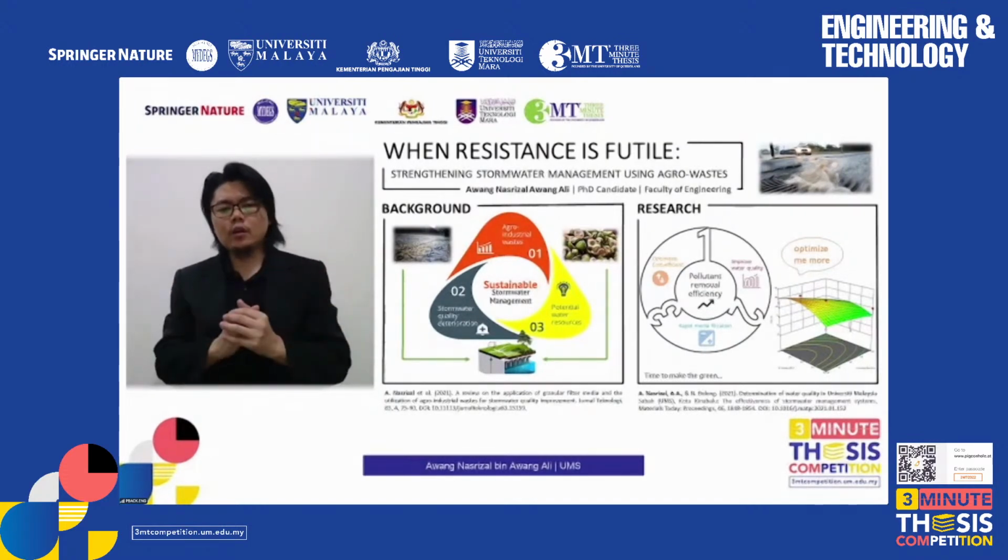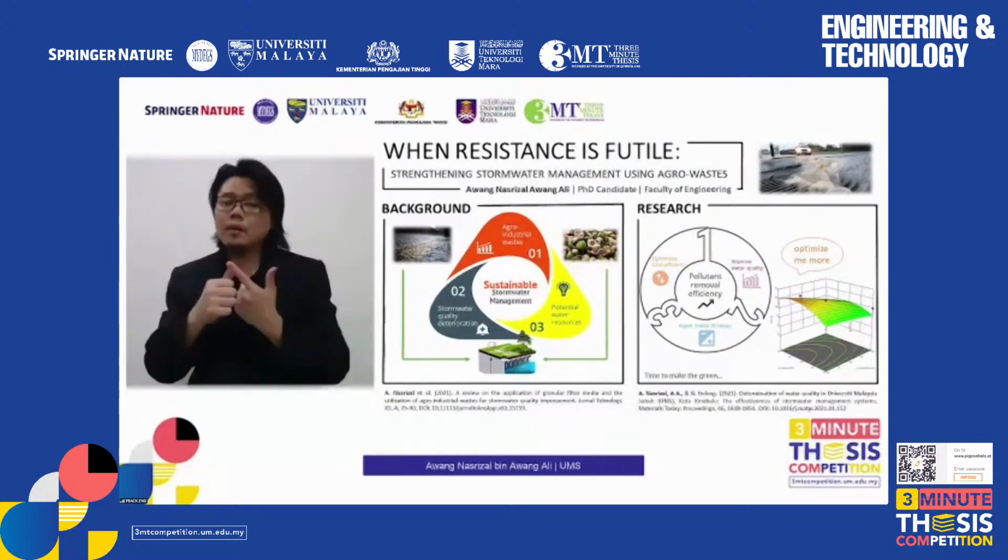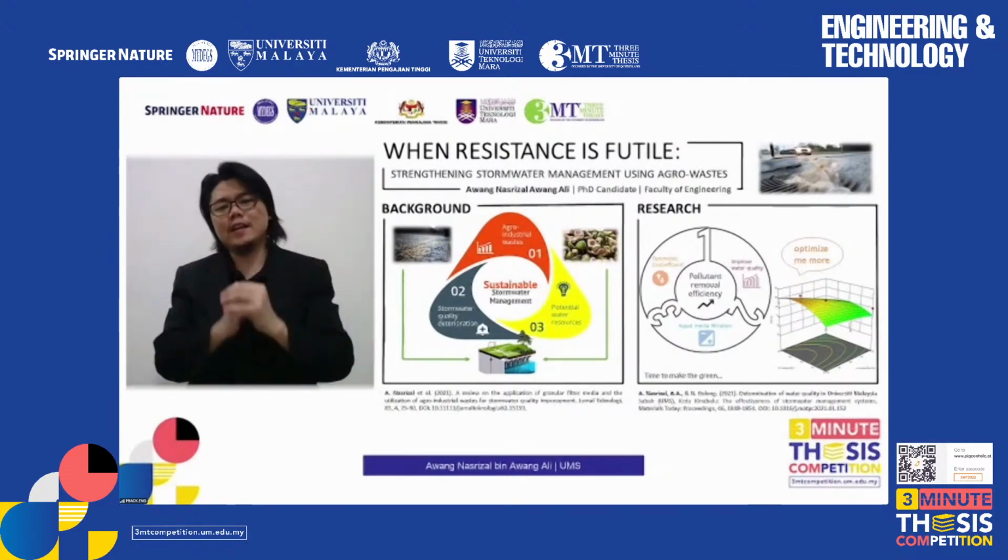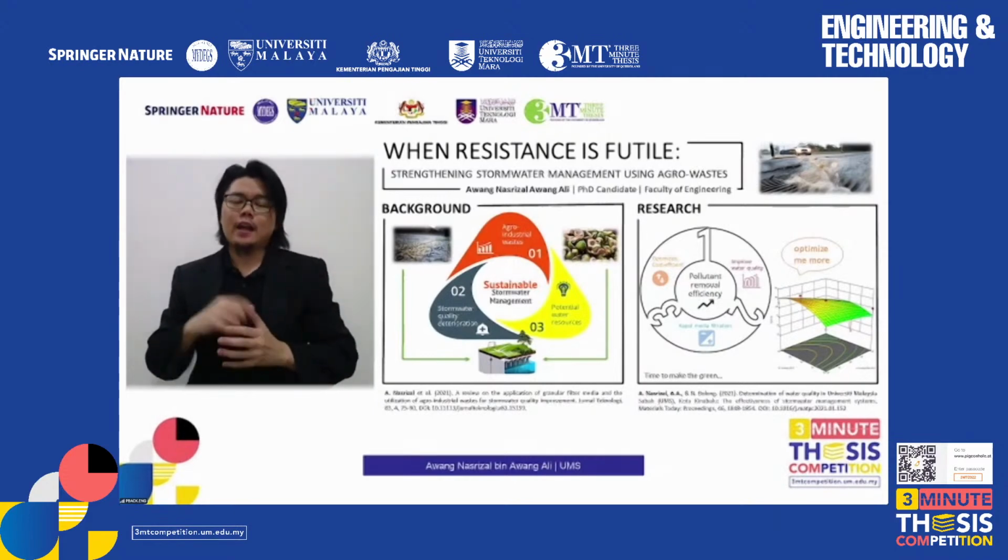The benefits of using agro waste, such as oil palm kernel shells and coconut shells, are that they are readily available in abundance, can be obtained at a very low cost and have the favored properties to perform efficiently as a filter media.